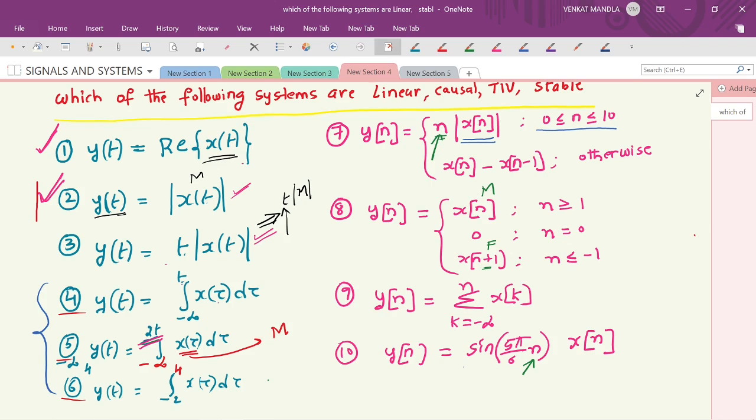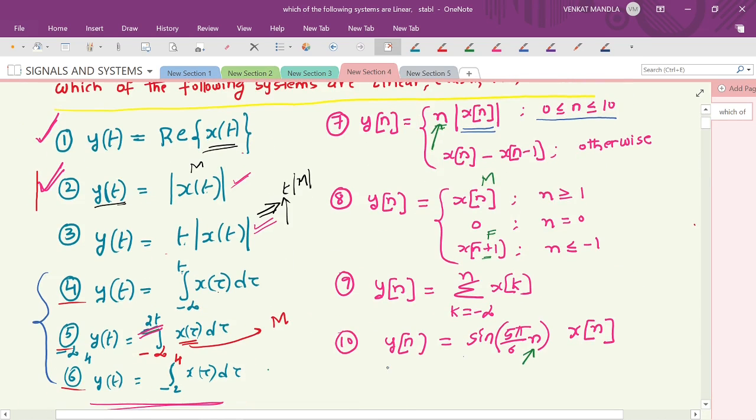Next, the 10th one, y[n] = sin(5π/6 n) x[n]. So what is sin theta? The sine theta value always varies from minus 1 to plus 1. So that is a finite value.